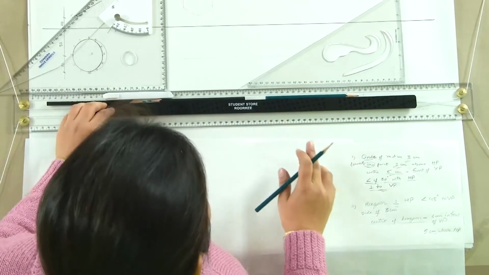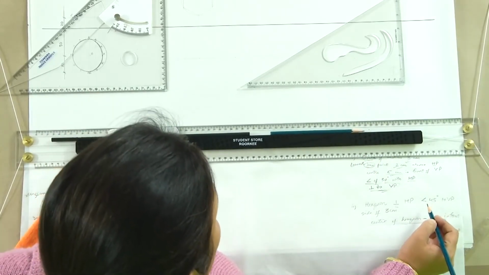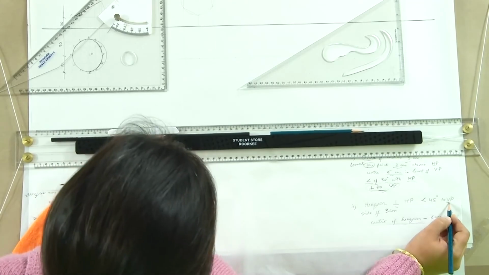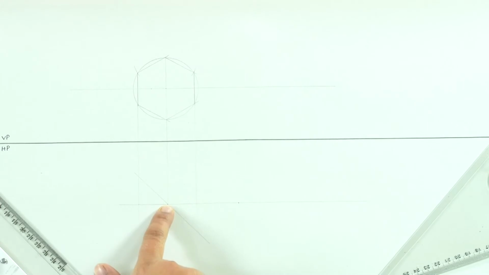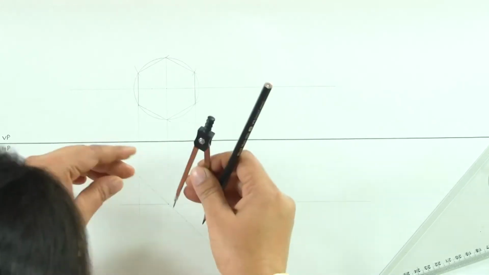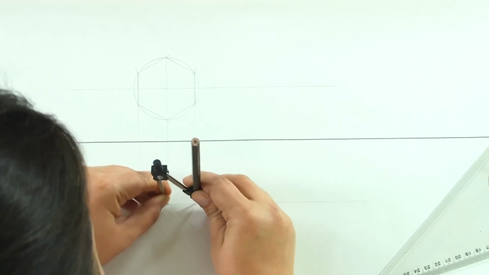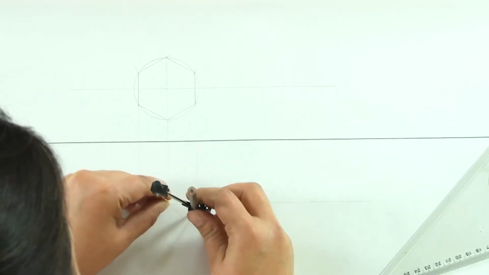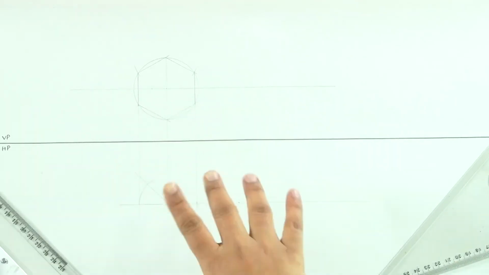So in this case, what will happen when we incline it, it is making an angle of 45 degree to VP. So what do we see? We see it in the HP making an angle of 45 degree, but it rotates about its center. So what happens? The center remains fixed, which is here, and we will rotate the hexagon about this center.